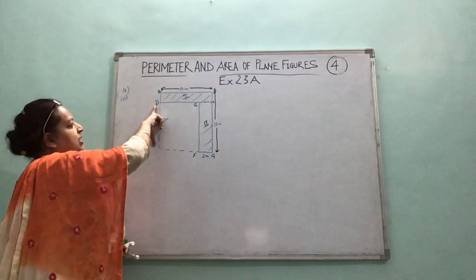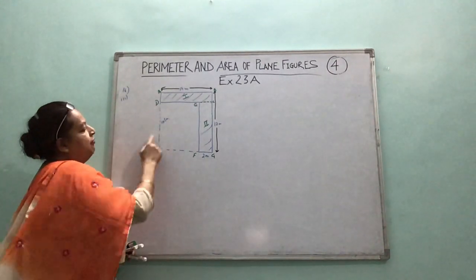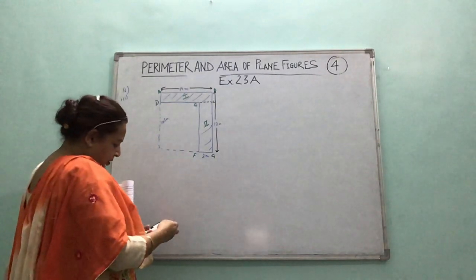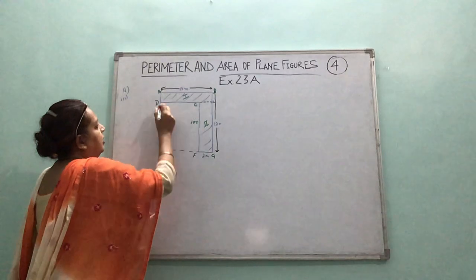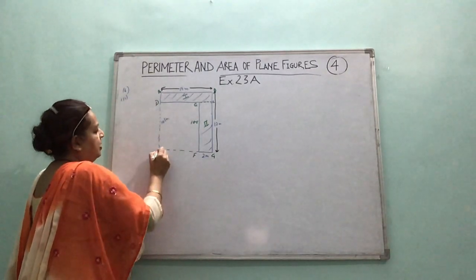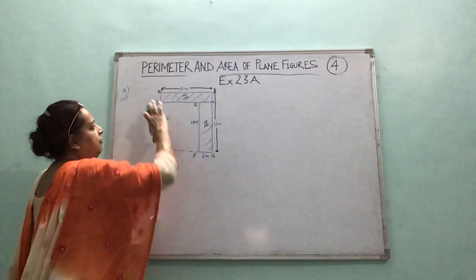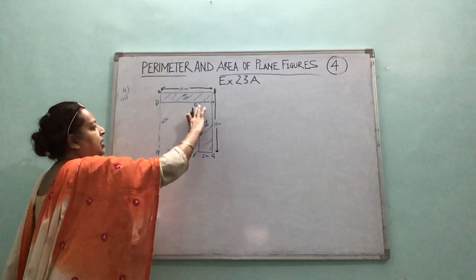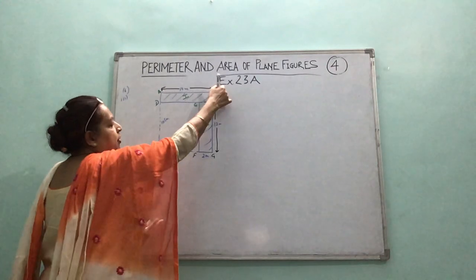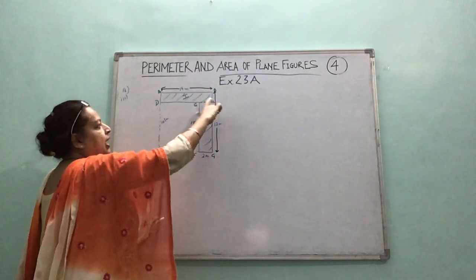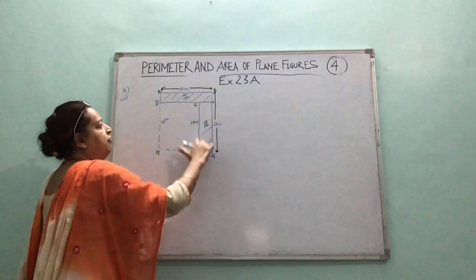And this is 10.5 meter, which would also be equal to here 10.5. DH is equal to EF because these are also rectangular, opposite sides equal, this is 10.5. From here to here is 12 and from here to here is 10.5.